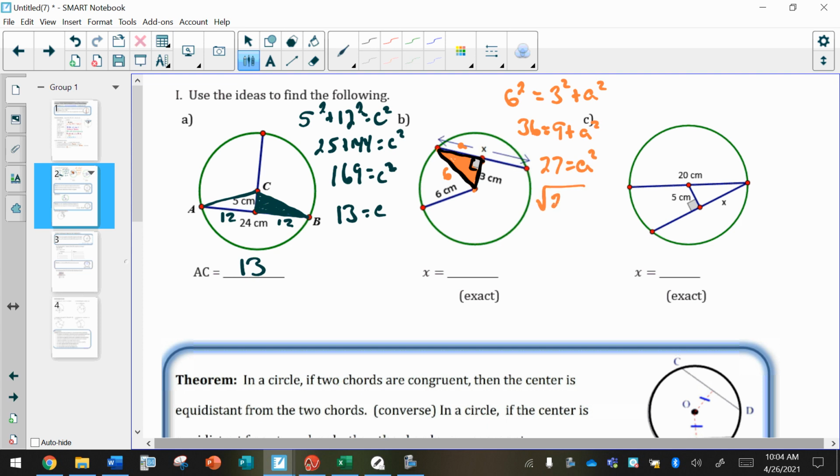So A is the square root of 27. Now this simplifies into 3 radical 3. But that is half of our chord. So then we double it to get x to be 6 radical 3. And that is our exact value because it's in radical form, not decimal form.